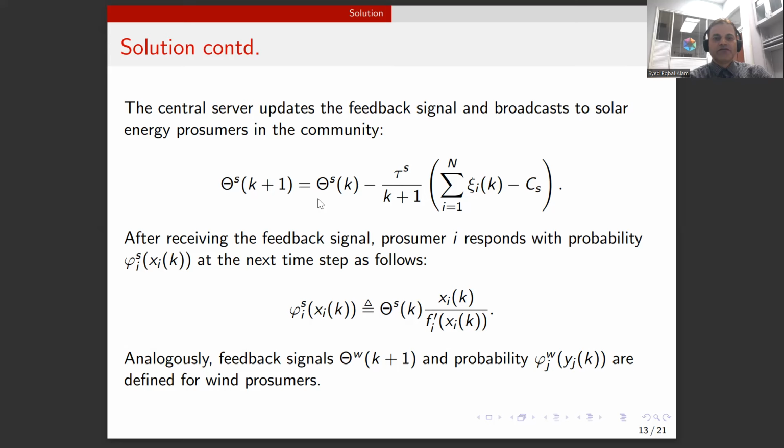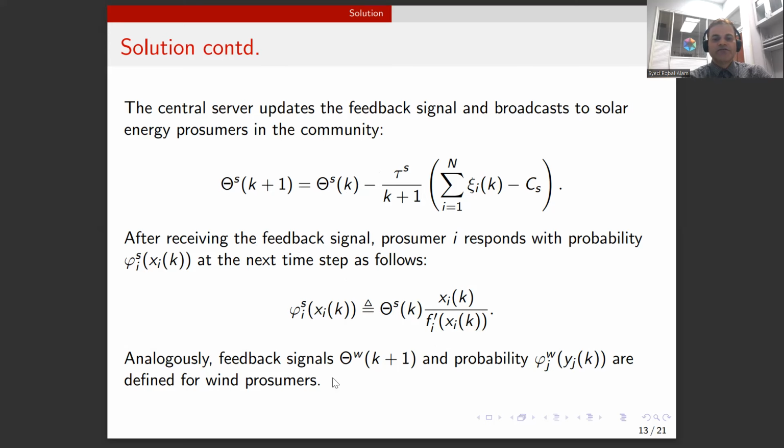Such types of equations can be seen in stochastic approximation and adaptive control. After receiving this feedback signal, prosumer i responds with probability phi_i^k to decide whether it should be active at the next step or not. So phi_i^k is defined as theta_s^k, the feedback signal, times the average allocation x_i^k divided by the derivative of the cost function F_i.